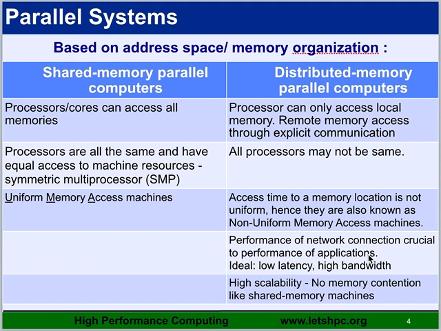And ideally, we would like to have a low latency, high bandwidth, specialized network connection. The advantages of distributed memory systems are that they are highly scalable, because each processor has its own memory. As such, the memory contention problems are less compared to shared memory systems, where, as we have discussed earlier, there are chances of race condition. That is relatively less here.